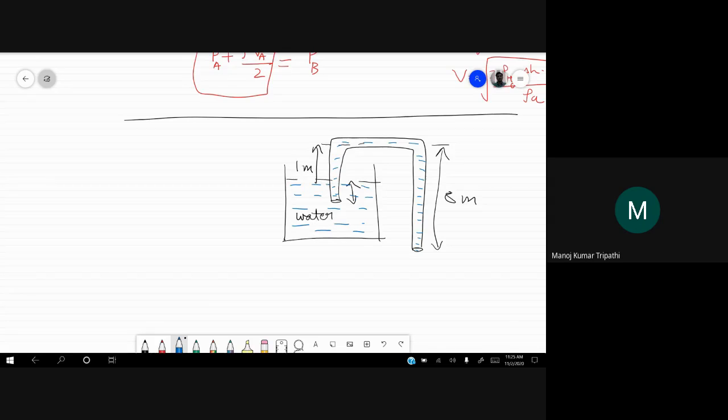What will happen to the water? Will it flow out or will it go into the tank? Or half of the water will go out and half of the water will go into the tank and the tube will be filled with air. So these are the three options. What will happen to this? Can you write here?